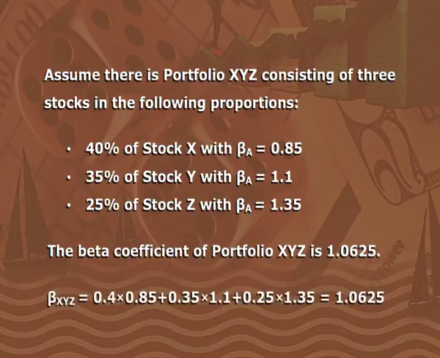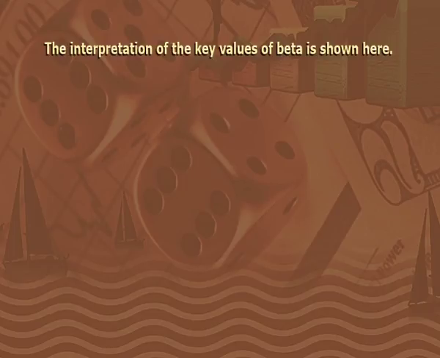So, the beta of XYZ portfolio is equal to 0.4 multiplied by 0.85 plus 0.35 multiplied by 1.1 plus 0.25 multiplied by 1.35, and we get a result of 1.0625.